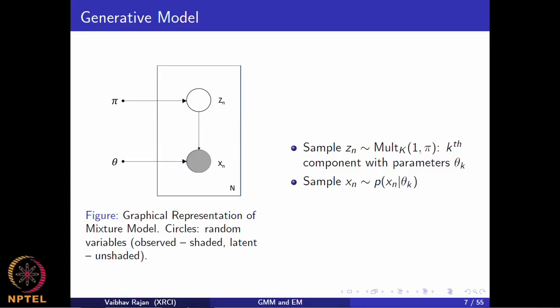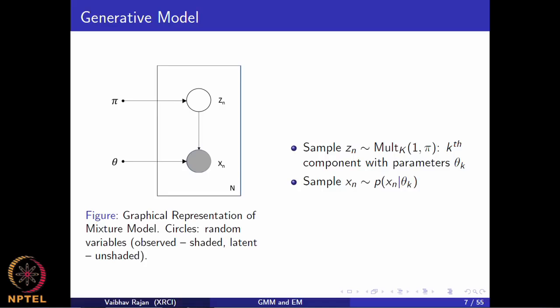We can represent this graphically. The shaded circle here is the observed data. This is the latent variable. The latent variable is governed by the parameter pi, and once you know the latent variable, xn is generated by known parameters corresponding to that latent variable.